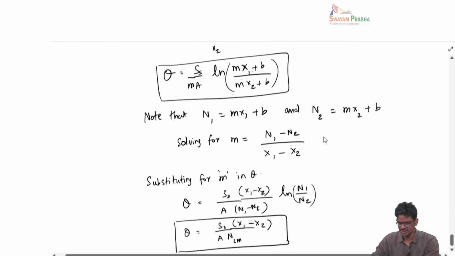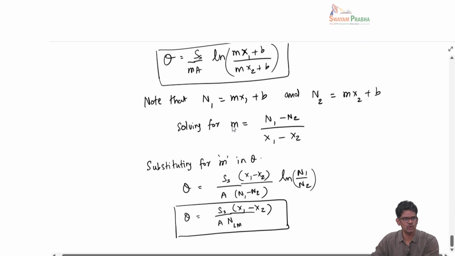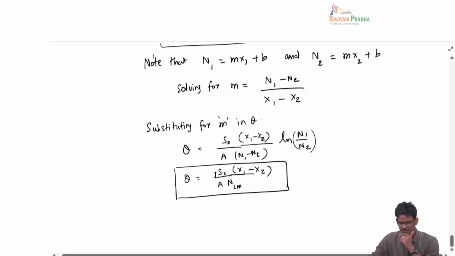Between these two equations I can write the slope m in terms of N1, N2, X1 and X2, and substitute this m in this equation. When we do that, we are able to recast this equation in a simpler form, which involves the logarithmic mean difference of the drying rates N1 and N2.